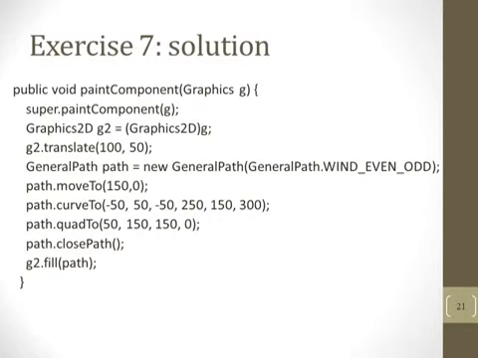Here is the moveTo point 150, and we draw curveTo, which is from 150 a curve in the direction of minus 50, 50, and then in the direction minus 50, 250 to reach the point 150, 300, and then a quadTo from 150, 300 in the direction of 50, 150 to reach the point 150. Then we close the path and fill the path to have the previous shape shown in the previous slide.